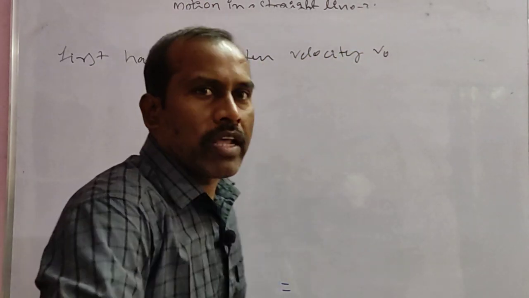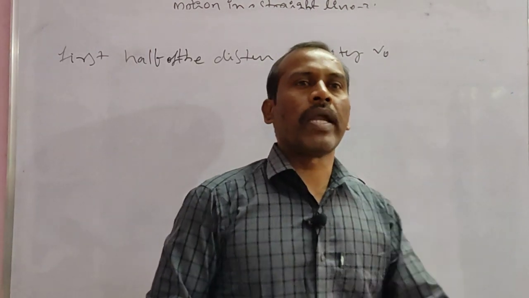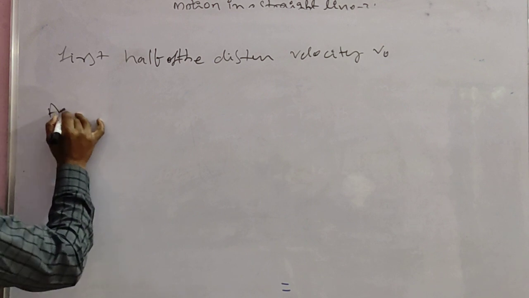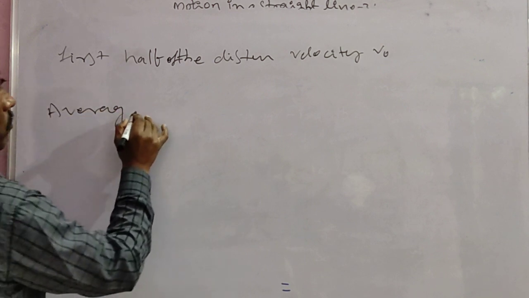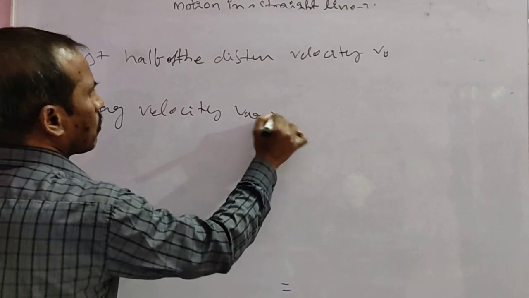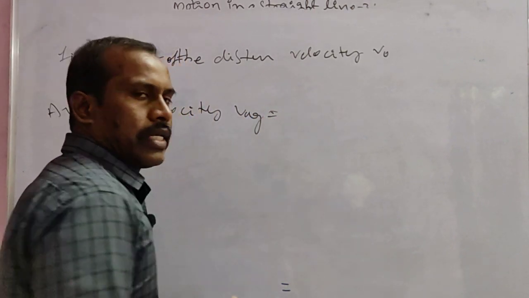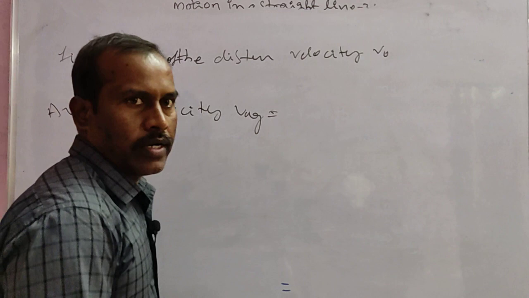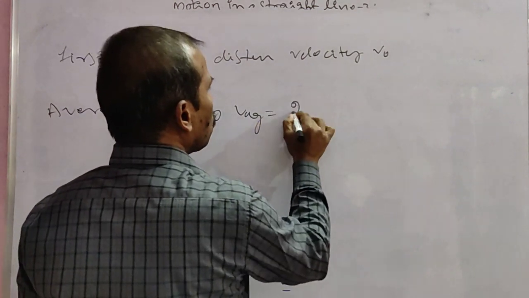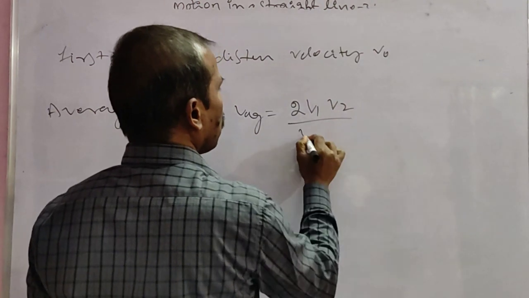Now the average velocity of the particle from A to B is equal to total distance by total time, that is, directly the formula 2 V1 V2 by V1 plus V2.